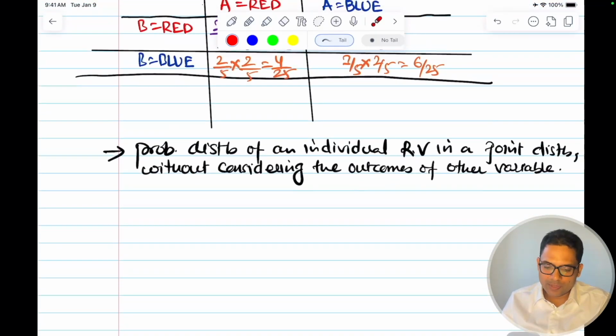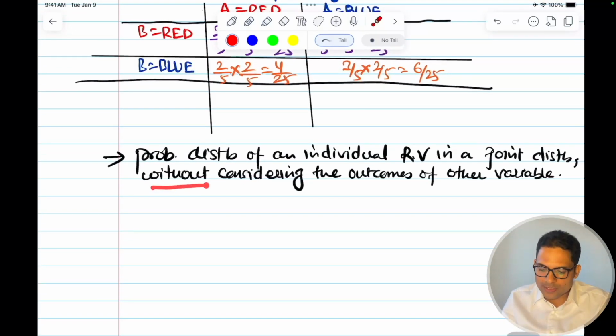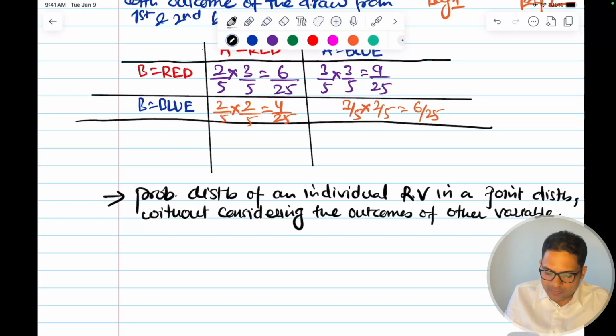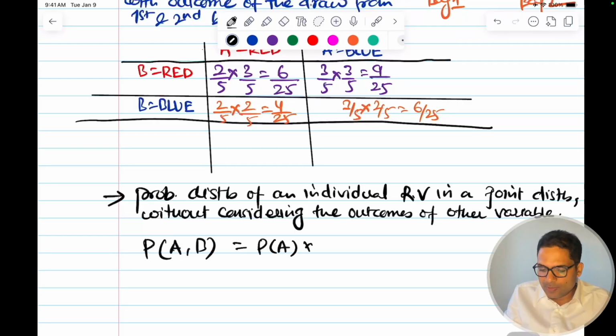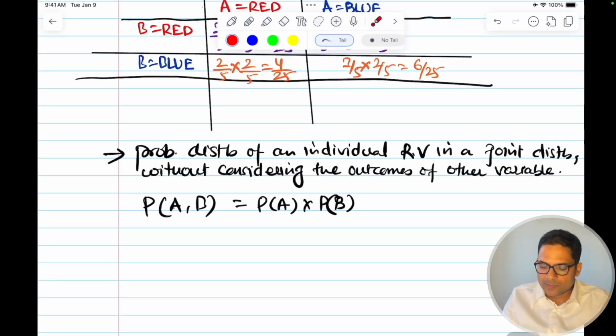This is simple. We say that without considering the outcome of a variable, in a joint distribution, say for example we have P(A, B). Generally this is P(A) into P(B), and we have this value, some value X, say.